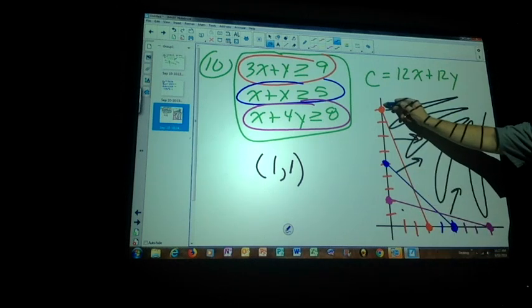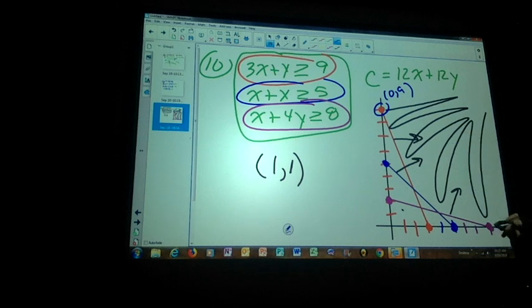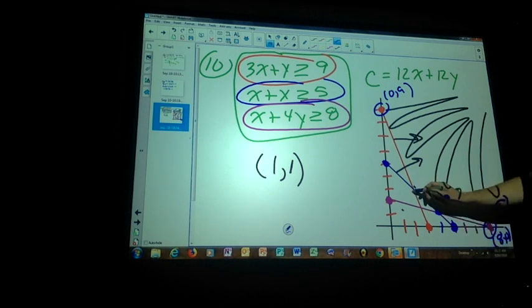And so it's unbounded, so I can probably just find a min. I know I have this corner here, and that was 0, 9. I know I have this corner here, which is 8, 0. Now I have to figure out this one and this one. If I take the red and the blue and figure out where they cross each other, it looks like 2, 3.